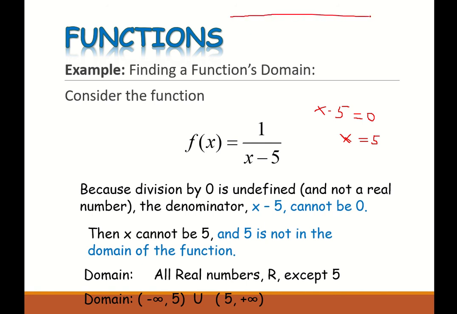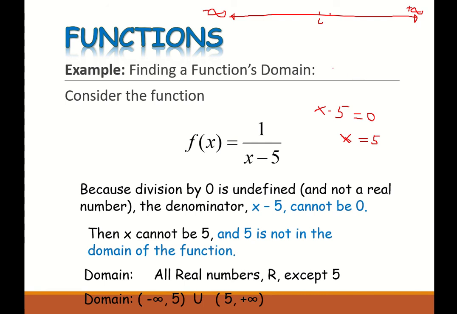So assuming this is our number line system. It approaches positive infinity on one side, and on the other side we have negative infinity. Assuming this is our 0, where is 5? So x equal to 5.